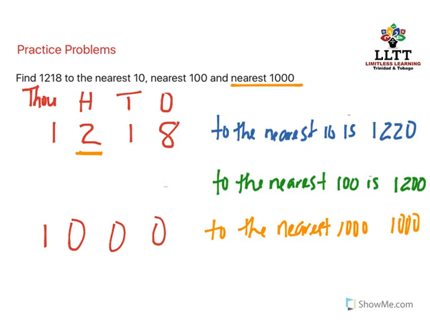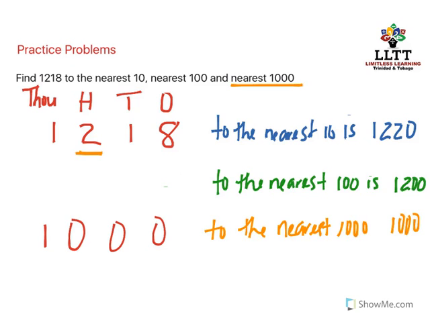So 1,218 to the nearest 10 is 1,220. 1,218 to the nearest 100 is 1,200. And 1,218 to the nearest 1,000 is 1,000.